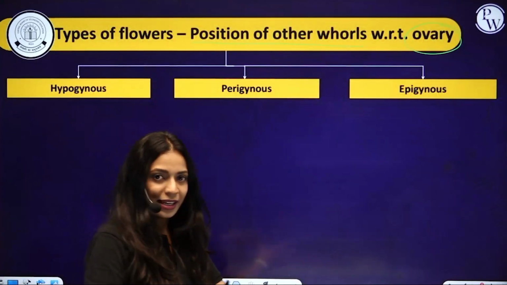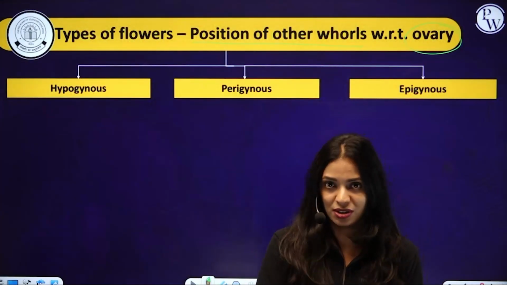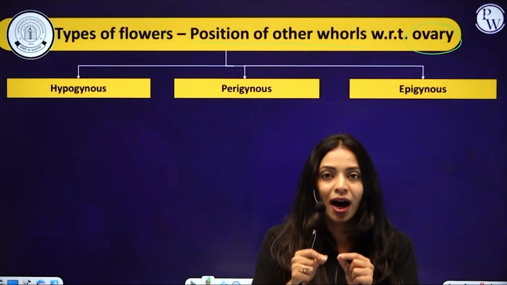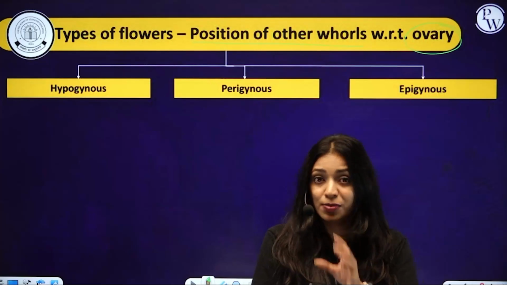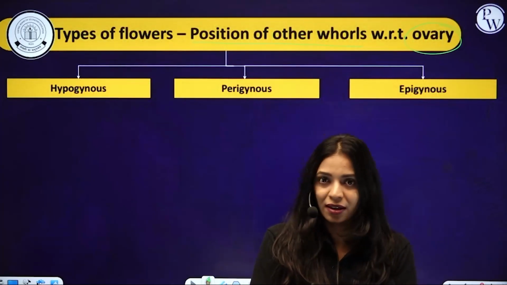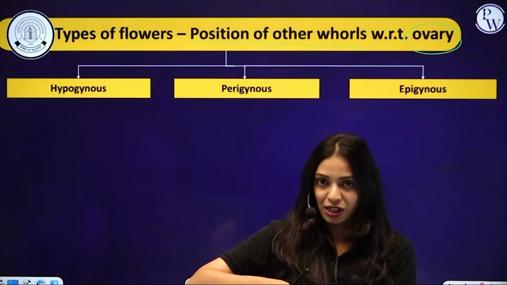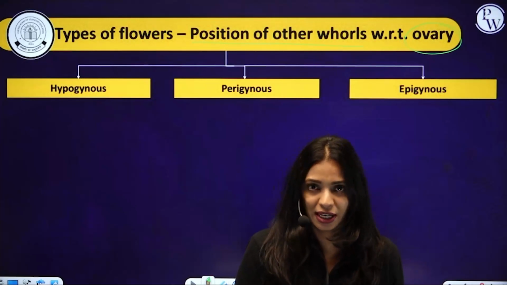Following that, within the calyx, you have petals. Within the petals, you have the androecium or the stamens. And within that, we have the ovary. Based on how calyx, corolla, androecium is arranged with respect to ovary, how is the position of the other three whorls with respect to the ovary. Based on that, we can classify flowers into three different types. Okay?